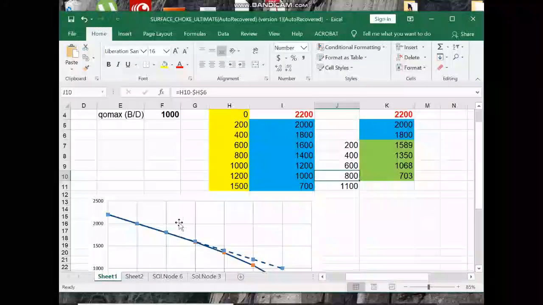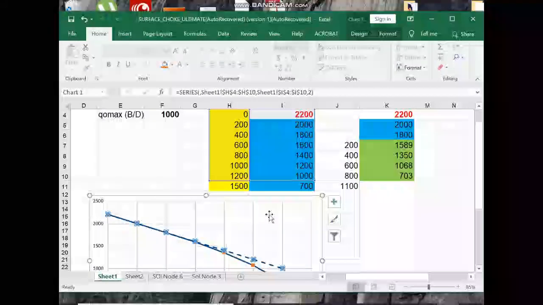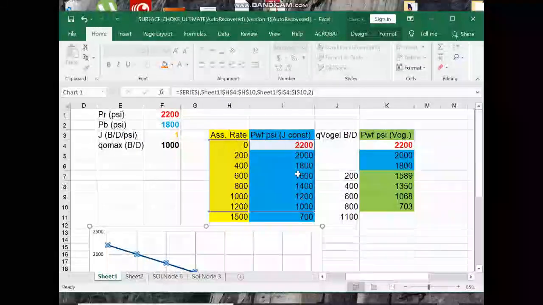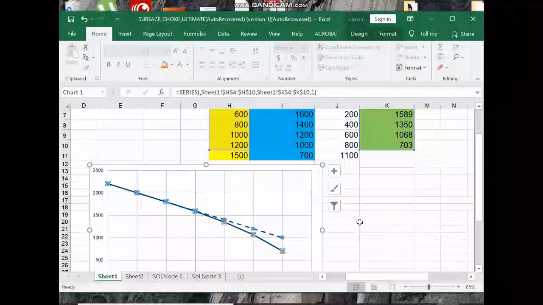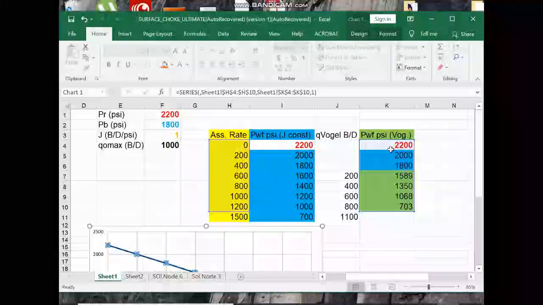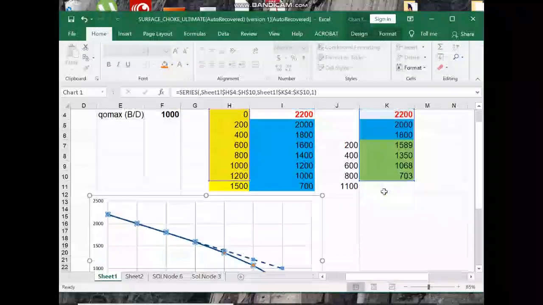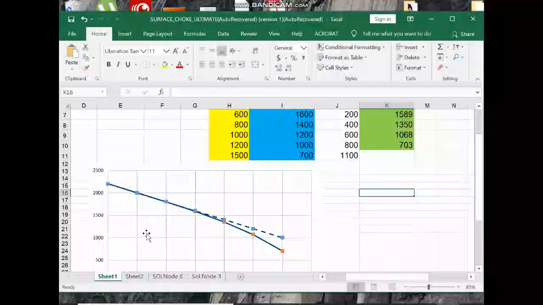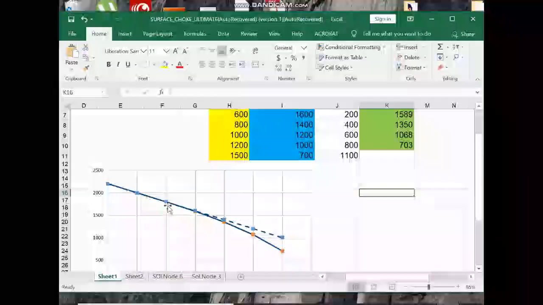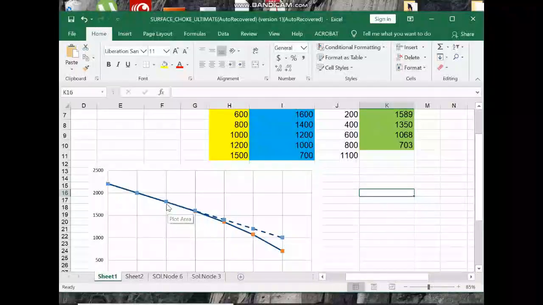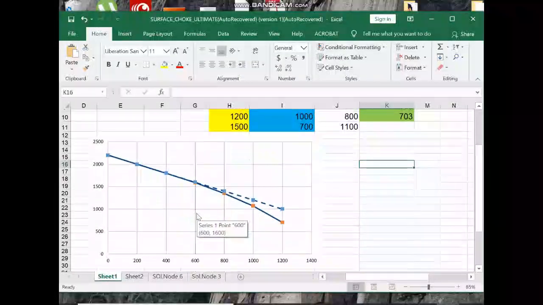Okay, now when we plot the J constant, these ones, and at the same time plot the Vogel equation, what we see is that up to the bubble point, it's the same thing. But from the bubble point, we see an increase of discrepancy, okay?